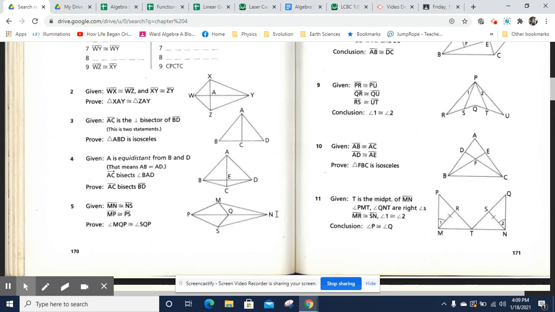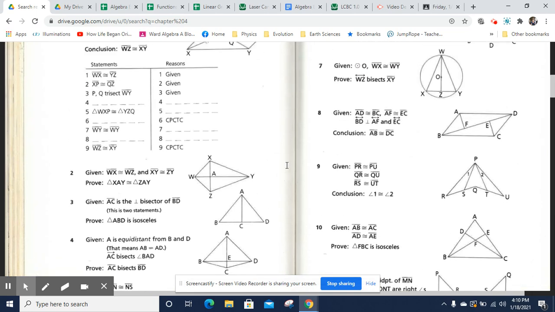And that is what you need in order to prove that these two triangles are congruent, because you can say PQ is congruent to itself by reflexive. You know that MP and SP are congruent, and by CPCTC, you've got angle MPQ and angle SPQ are congruent. And that gives you everything you need for that one.